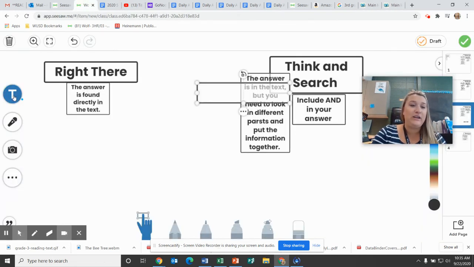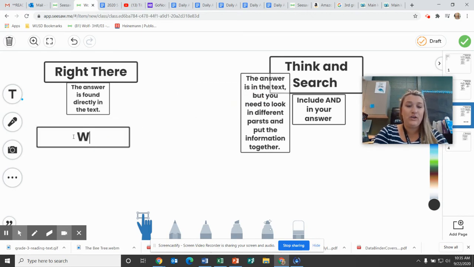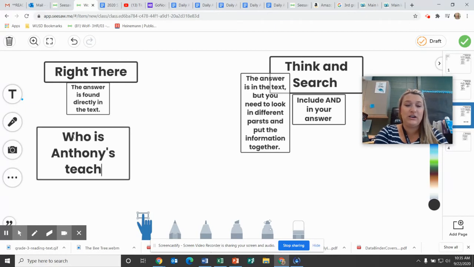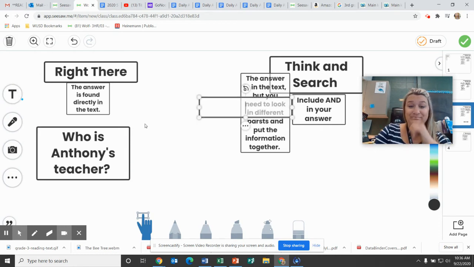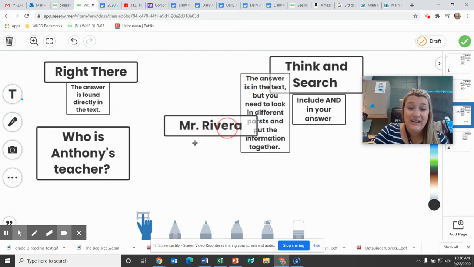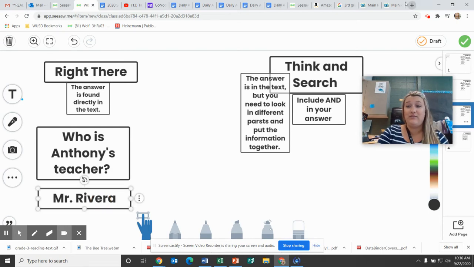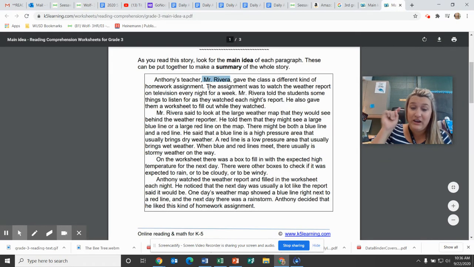So our question is, who is Anthony's teacher? Who is he? What's the answer? Mr. Rivera. We know this because we can point directly to the text, right? We see it right there. It is a right there.